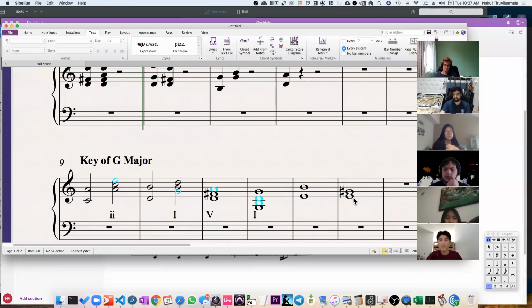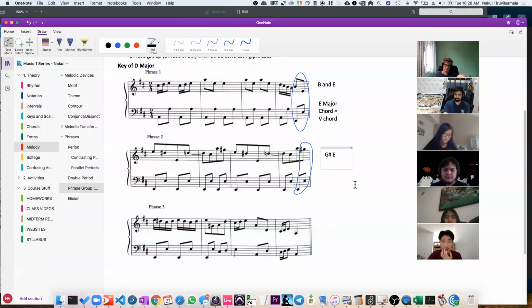So that's basically what we have right there. Now, if we understand that the bass note of the snowman is actually the root of the chord, then what is the root of this chord? E? Exactly. So it would be E major, thank you, Gino. E major chord, which happens to be the 5 chord. Okay, great.